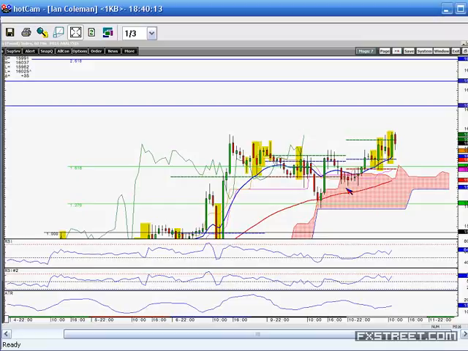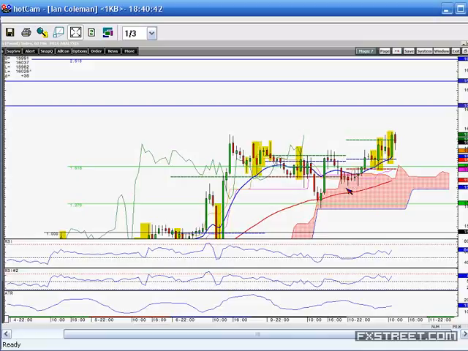When that other unit then becomes in profit, normally about 30, 40 ticks, I will then look for pullbacks to buy in another unit. Okay, so trying to build on my view as I go up, but not increasing my risk, because I'm using the gains that I've already got to build up my outstanding exposure to the market.